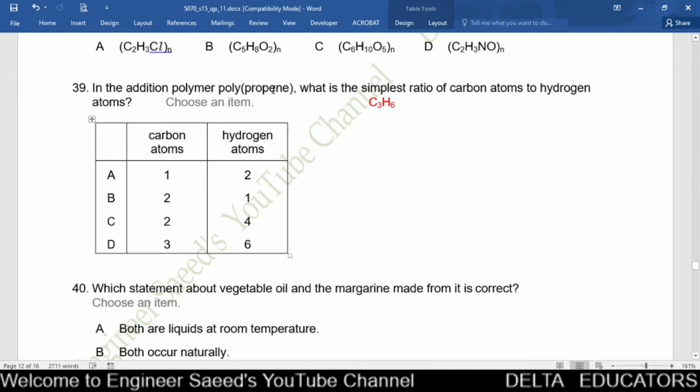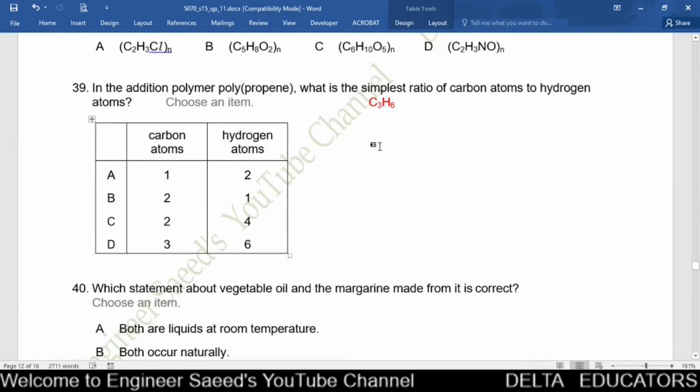Here it is propene. In propene we have 3 carbon, so the number of hydrogen atoms in propene will be 6. So the formula for propene will be C3H6. Now in C3H6, the simplest ratio of carbon to hydrogen will be 1:2.